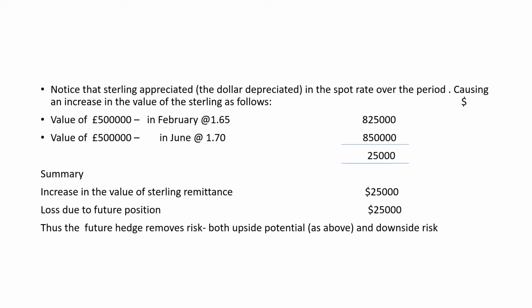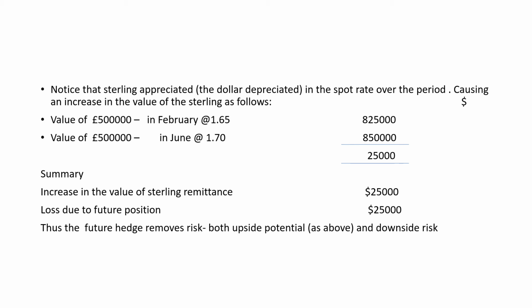The value of 5 lakh pounds in February at 1.65 is 8 lakh 25,000, and the value of 5 lakh pounds in June at the rate of 1.70 is 8 lakh 50,000, so there is a 25,000 difference in the value.